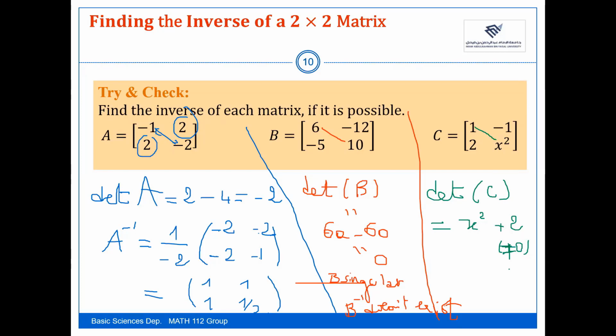Okay, so here C has an inverse, it is non-singular, we have no problem. C non-singular. And C inverse exists. Okay, what is C inverse?